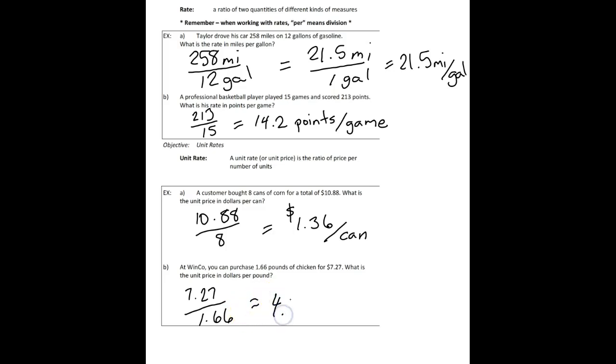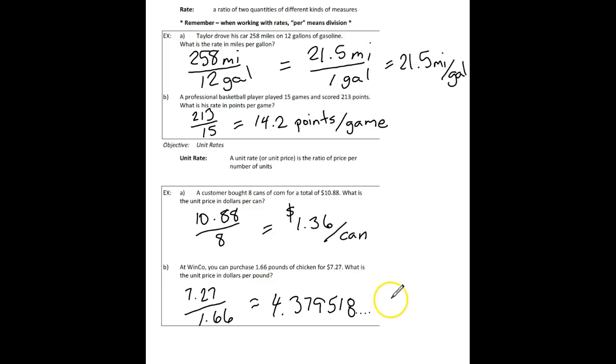I get an answer like 4.3795 and it just keeps going. But my unit rate is dollars per pound, and I can't pay $4.3795, right?